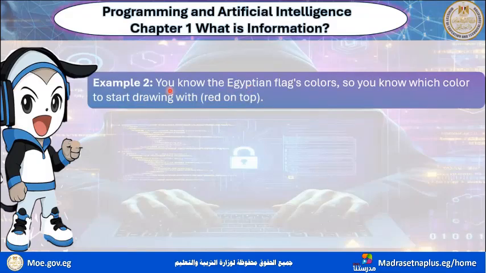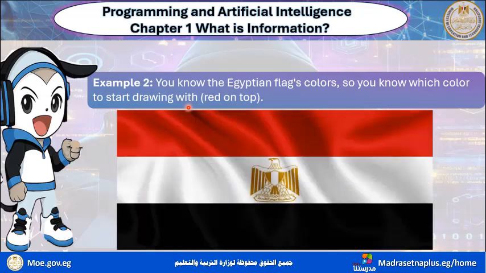Well, example 2. You know the Egyptian flag's colors, so you know which color to start drawing with, red on the top. So we know that we have red, black, and white. These are colors and these are data.